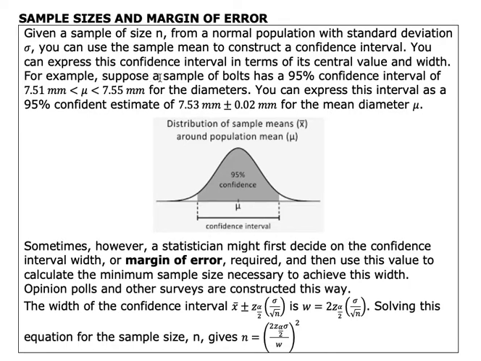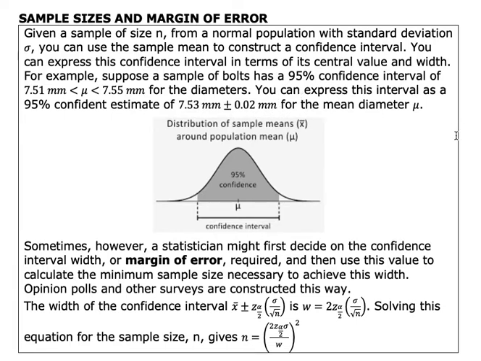For example, suppose a sample of bolts has a 95% confidence interval of 7.51 millimeters for mu up to 7.55 millimeters for the diameters. You can express this interval as a 95% confident estimate of 7.53 millimeters plus or minus 0.02 millimeters for the diameter.